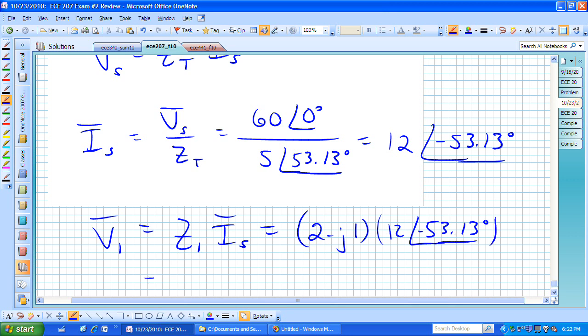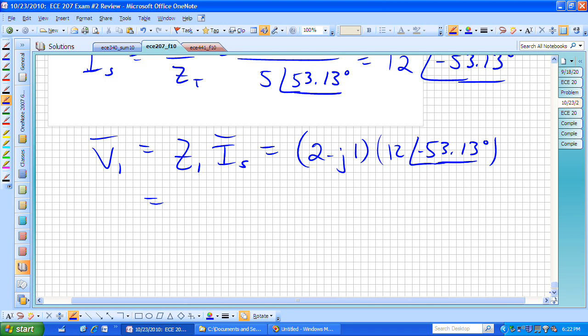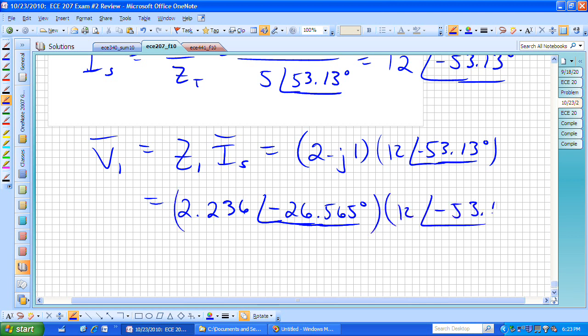If we now convert that impedance into its polar form, we have a magnitude a little bit bigger than 2, which is 2.236. The angle should be negative, and less than 45 degrees, since the imaginary part is less than the real part. It's an angle that has an inverse tangent of 1 over 2, and that's minus 26.565 degrees.